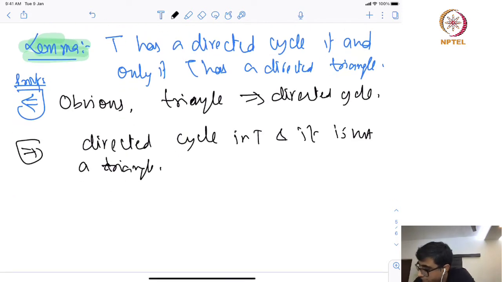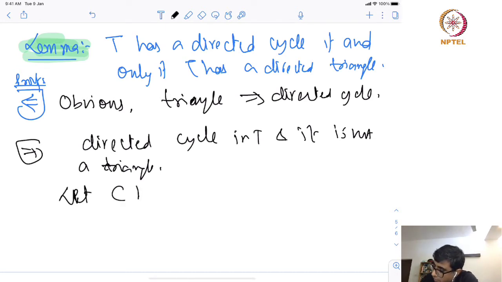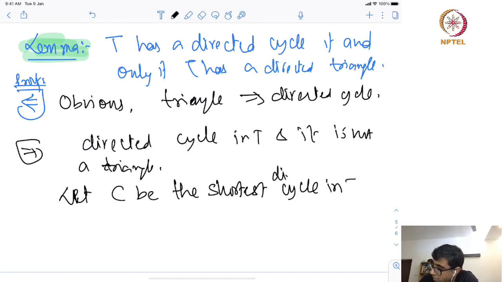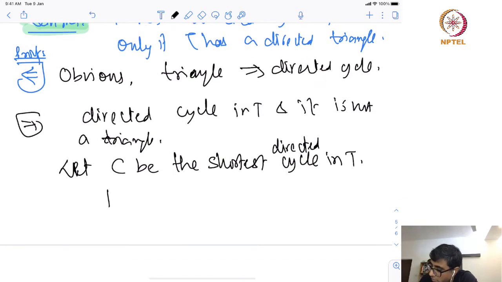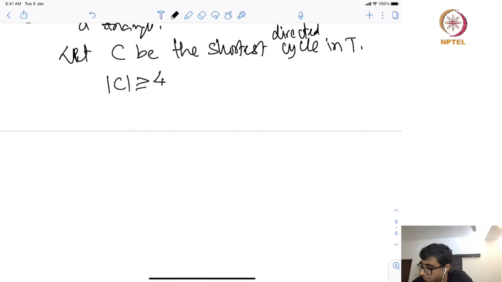Then I will show that T has a directed triangle. Let C be the shortest directed cycle in T, and we know the length of C is greater than or equal to 4, otherwise we are happy.